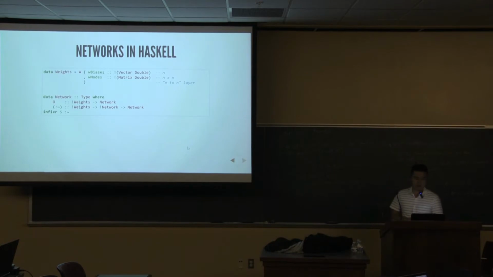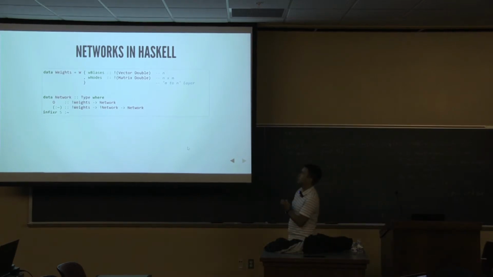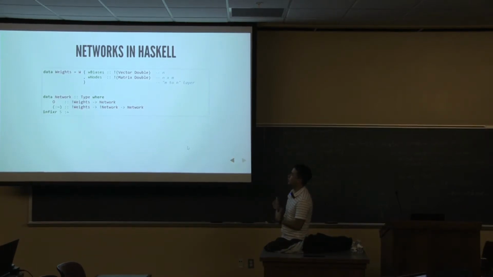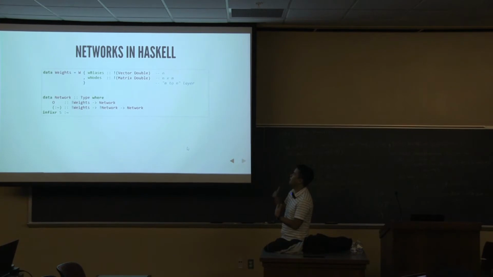Layers are represented by weights. Weights are parameterized by a bias vector and a matrix. If the bias vector has dimension n and the matrix has dimensions n to m, then this weight represents a layer from m-dimensional to n-dimensional, because of how matrix dimensions and multiplication work.